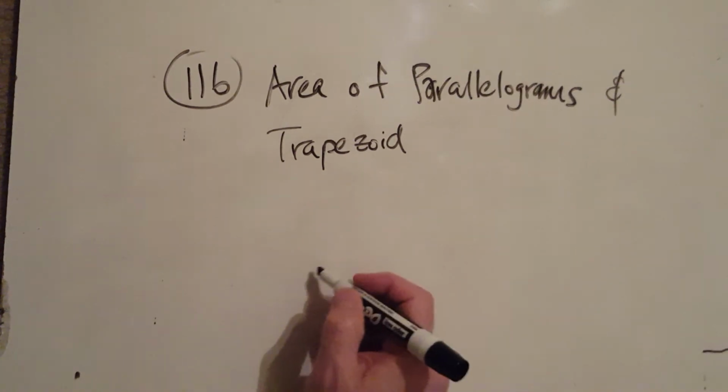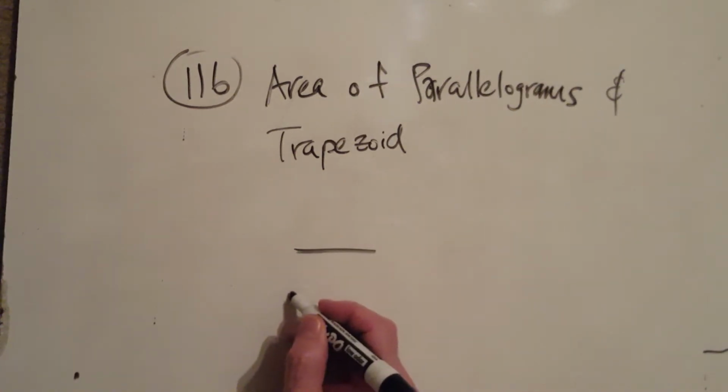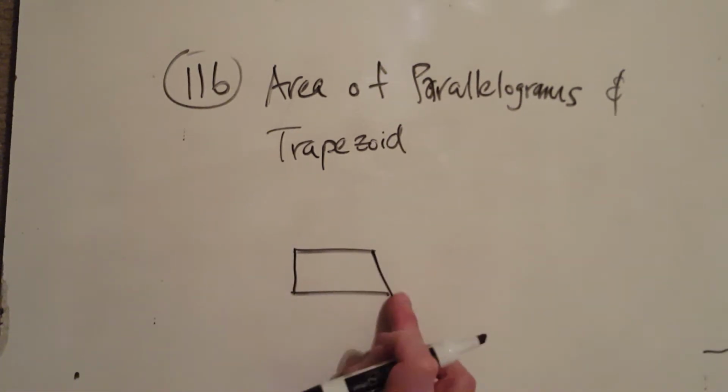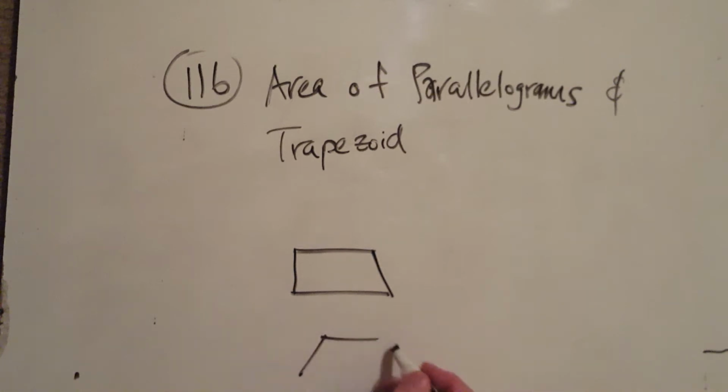So a trapezoid has one set of parallel lines and one set of lines that are not parallel, okay? So it could look like that, or it could look like this, or there's any number of shapes that a trapezoid could have. And the way that you calculate the area of a trapezoid is fairly interesting.